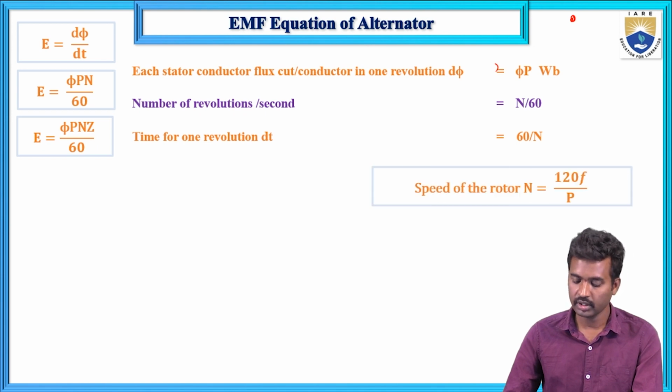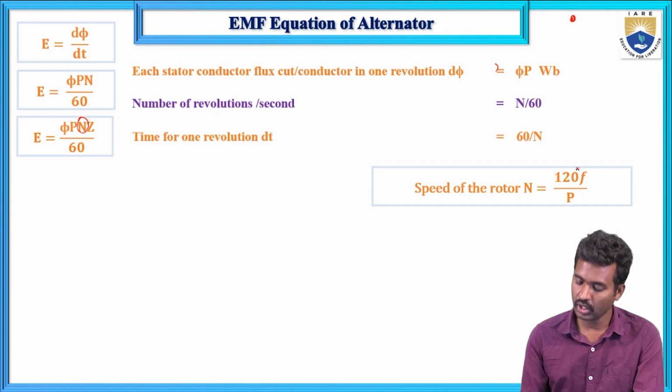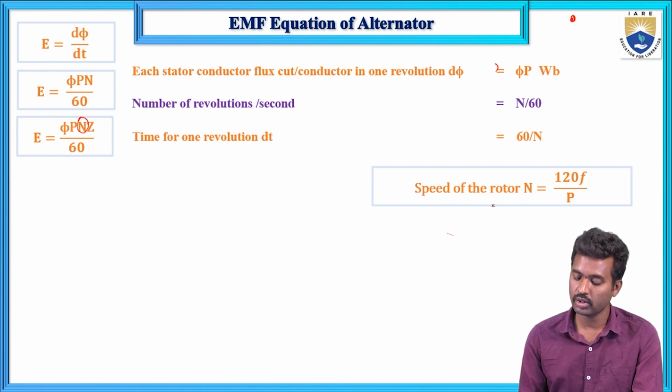Now N equals 120 f by P, where P is the total number of poles. This is the synchronous speed of the rotor, that means the field poles rotation.